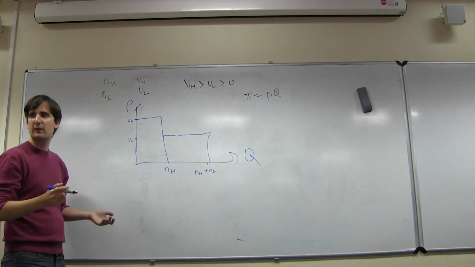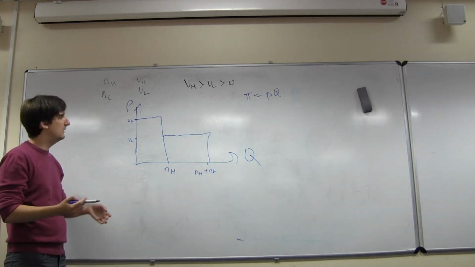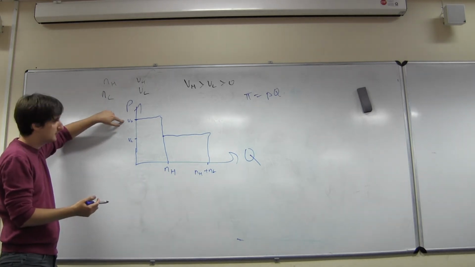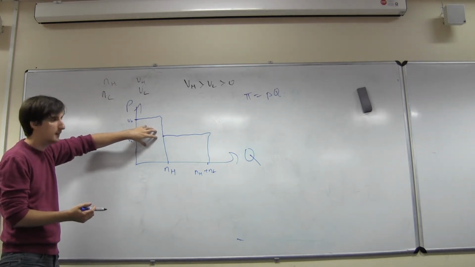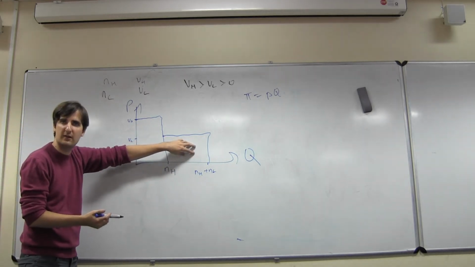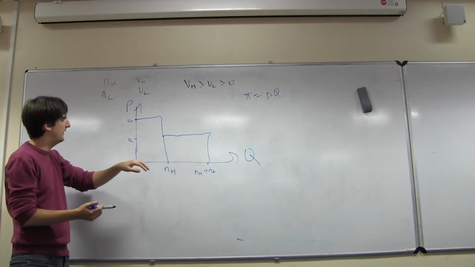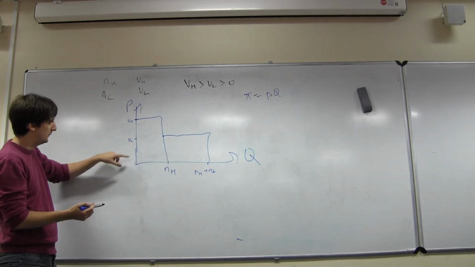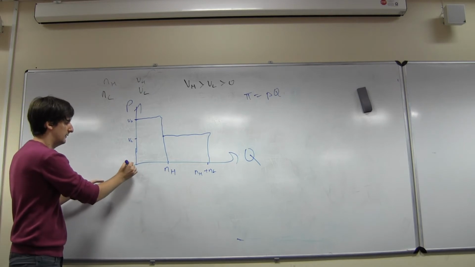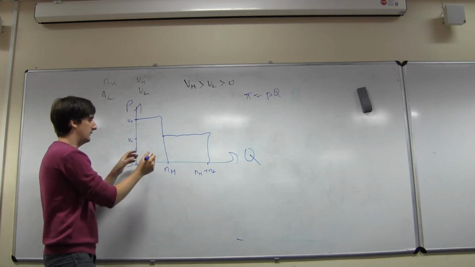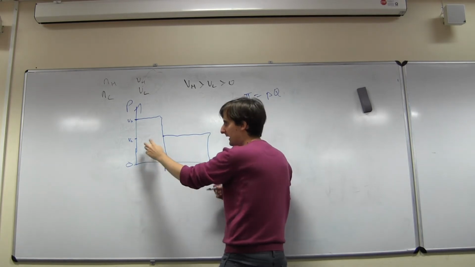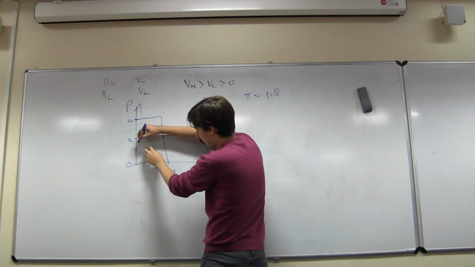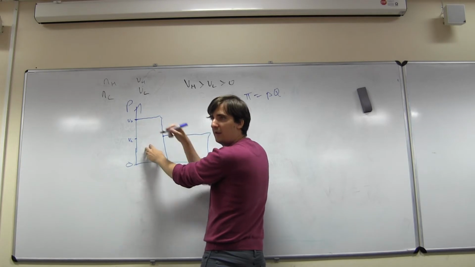So one option the firm has is to set a price of VH, and then the producer surplus is going to be this chunk here. The low-income consumers aren't going to buy at all. The other thing he can do is set a price between 0 and VL. Okay, if he sets a price between 0 and VL, he's going to get this square and some of this square as well.